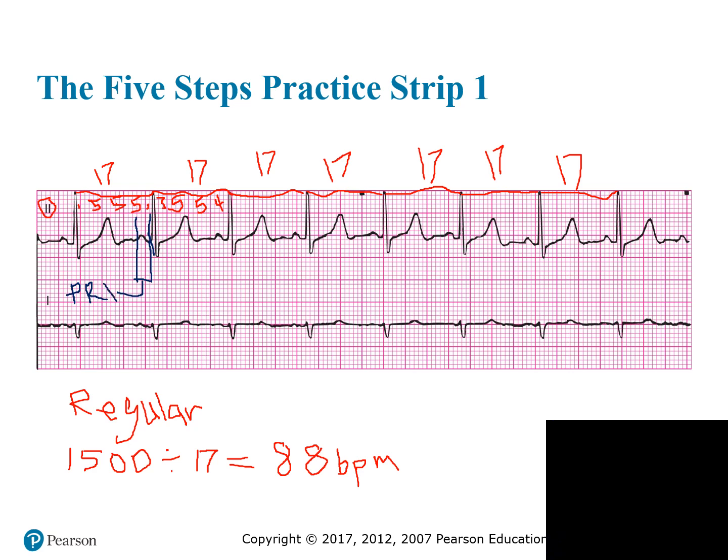This is what we call a PRI, or PR interval. And it's right here. So we're going to calculate this. It's 1, 2, 3. We have 3 little blocks.